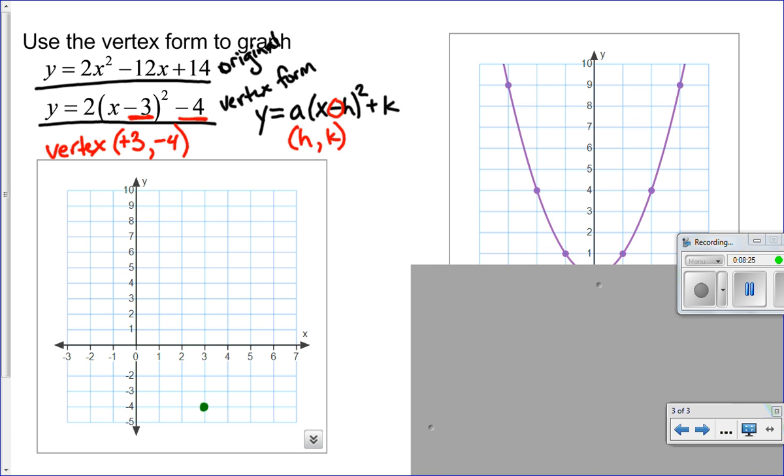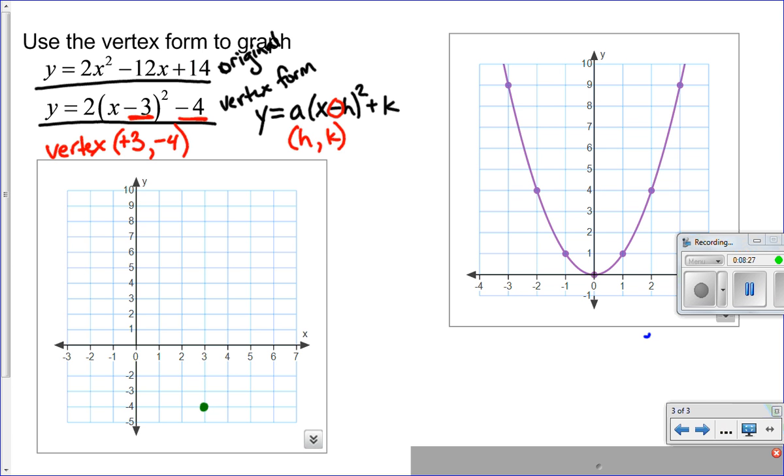Remember from our parent graph, if we go over one space, we had to go up one space because 1 squared was 1. If we went over 2 spaces, we had to go up 4 spaces because 2 squared is 4.